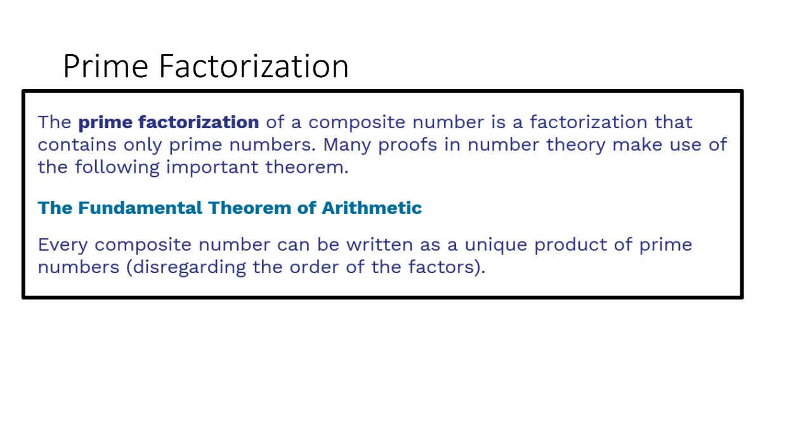We have the fundamental theorem of arithmetic that says that every composite number can be written as a unique product of prime numbers. The difference might be the order of the factors, but it's going to be exactly the same factors.